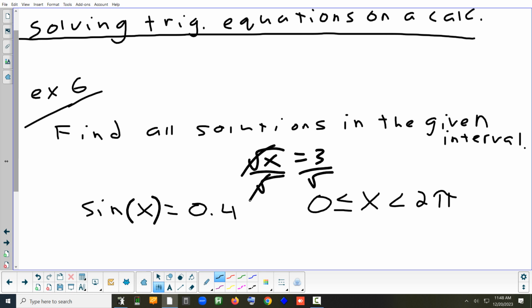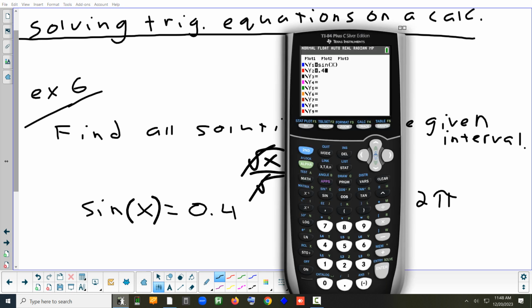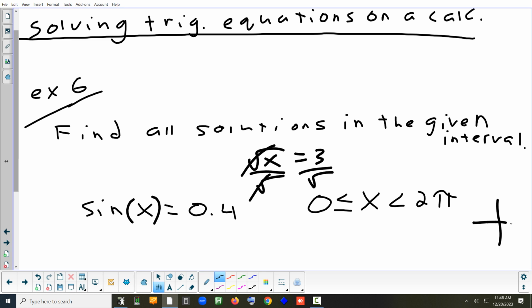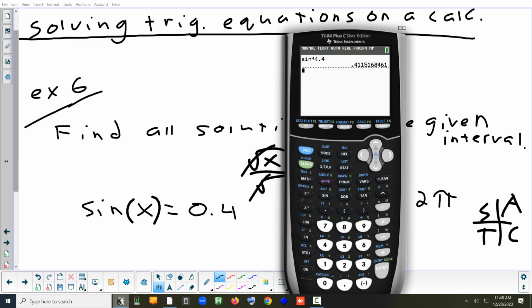But yes, you can do this algebraically, and you can do it algebraically a lot faster than graphing it. One of the answers that we should get when I do the intersect is 0.4115. And the other one, I'll just do it quickly. We're looking for positive sine value, so it's pi minus that last answer.